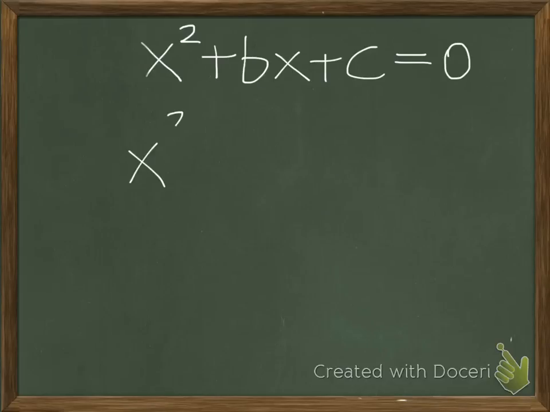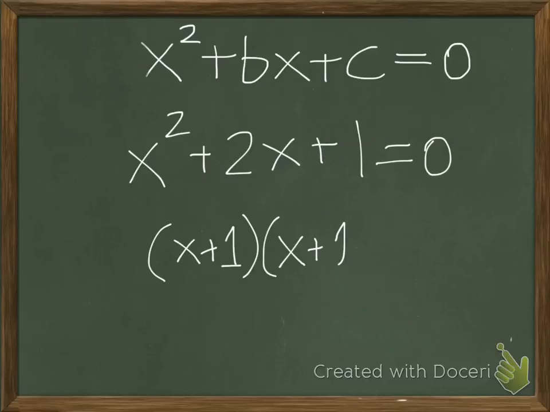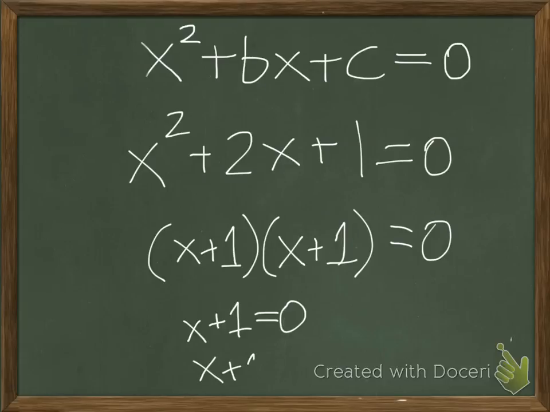So let's do x squared plus 2x plus 1. Now this one's going to be actually pretty interesting. So how do we factor this? Two numbers that multiply to 1 and add to 2. That would be 1 and 1. So we have x plus 1 times x plus 1 equals 0. So actually right here we have that x plus 1 equals 0 and x plus 1 equals 0.